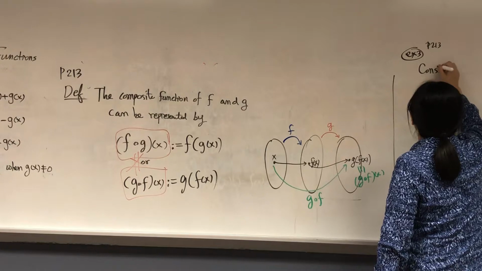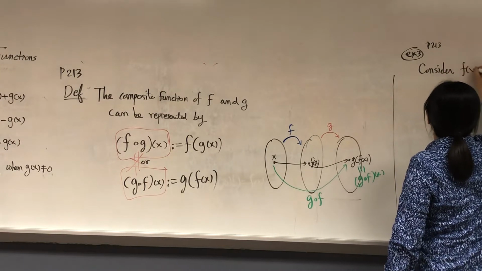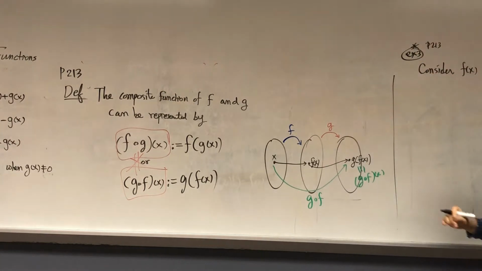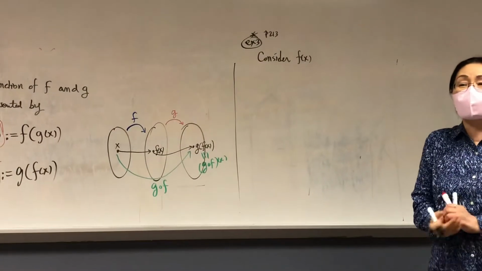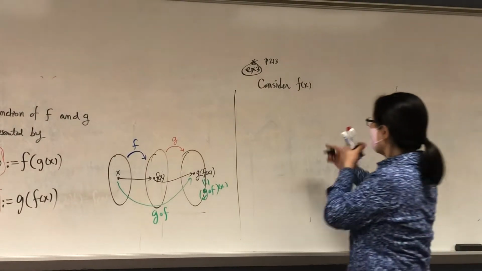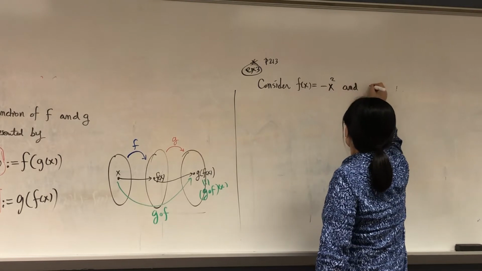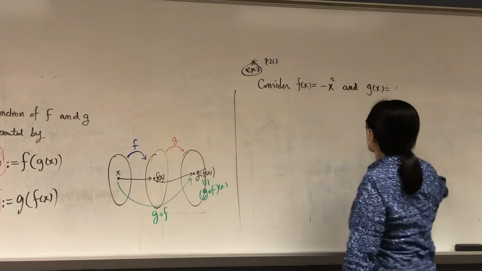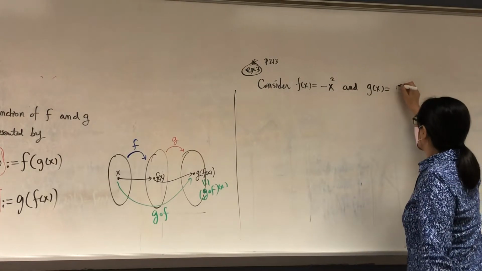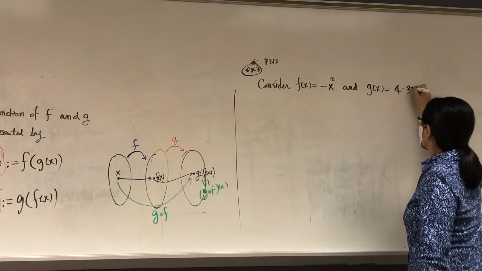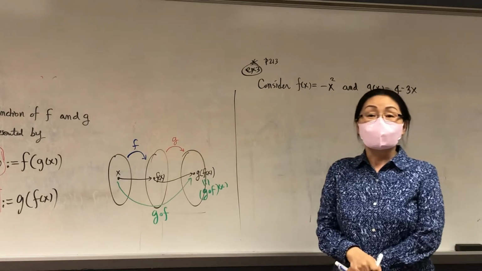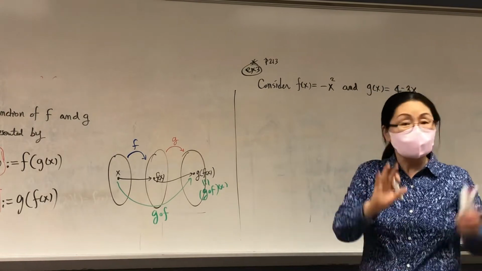Consider this, but we are going to slightly change it, so the star means not the same. Let's say f of x is negative x squared, and g of x is 4 minus 3x. Okay, I slightly changed it.